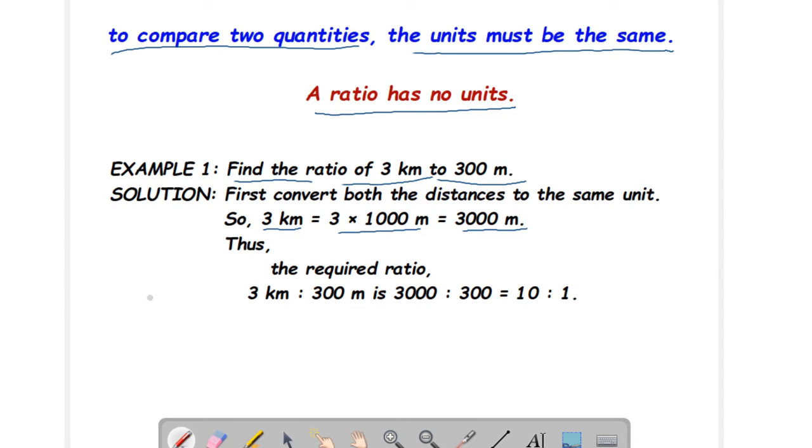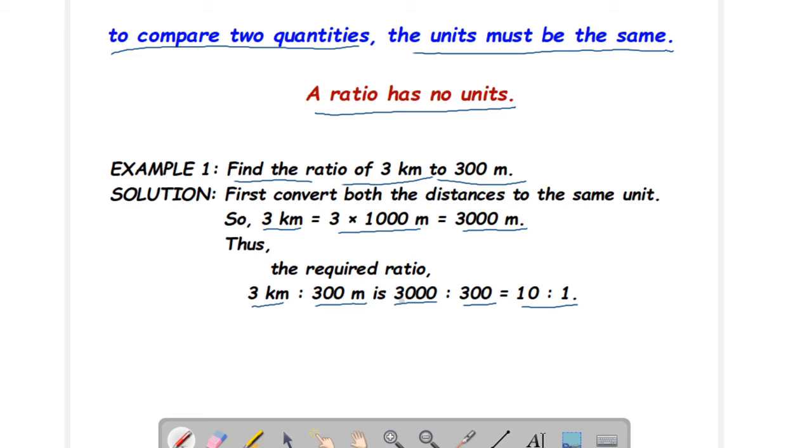Therefore, the required ratio will be 3 kilometer to 300 meter. Converting 3 kilometer into meter, it is 3000. So write down 3000 ratio 300, and if you simplify it, you will get 10 ratio 1.